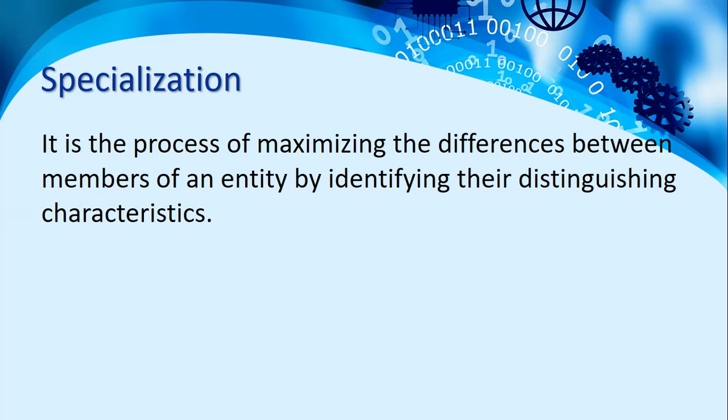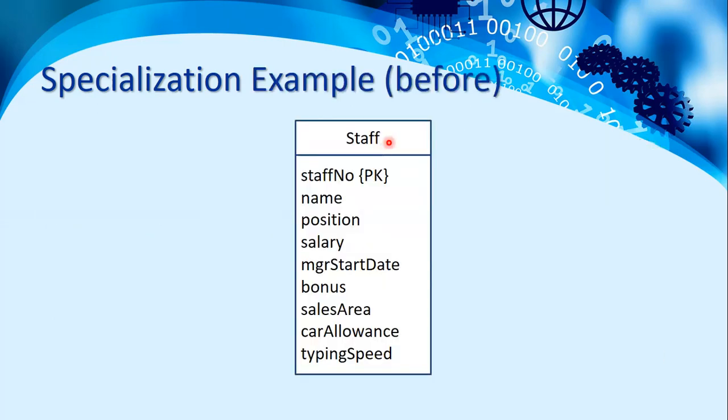To give you an example, let's say we have the staff entity. And let's say all the attributes that are related to staff are listed into a single staff entity.